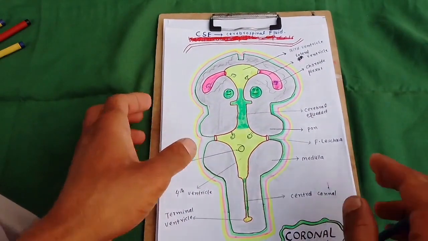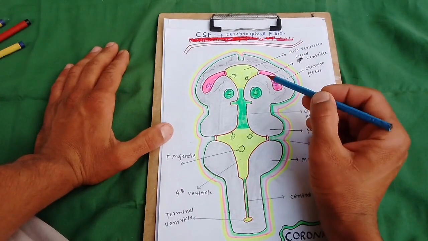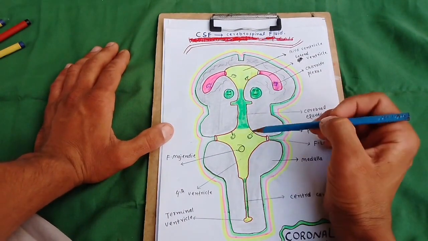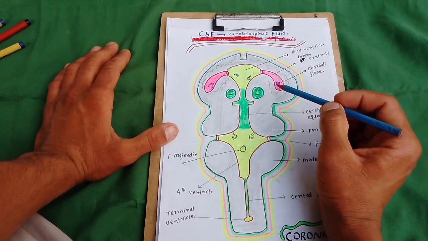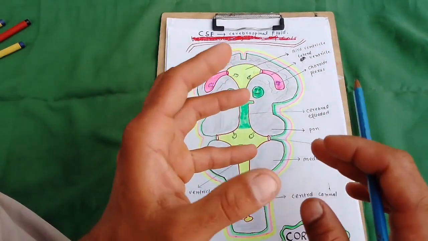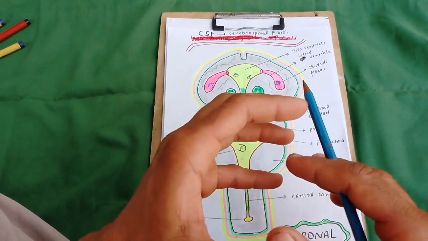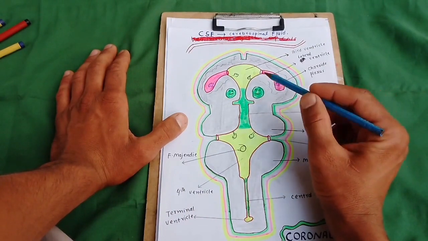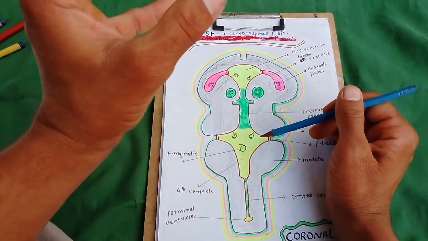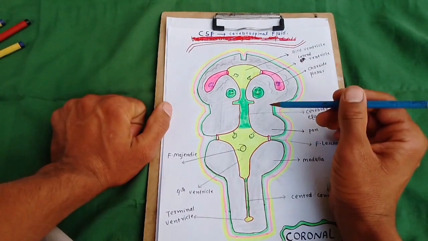Cerebrospinal fluid is produced by the lateral ventricle, third ventricle, and the fourth ventricle. It is produced by a complex structure which is called choroid plexus. The lateral, third and fourth ventricles have a specific, complicated structure called choroid plexus.